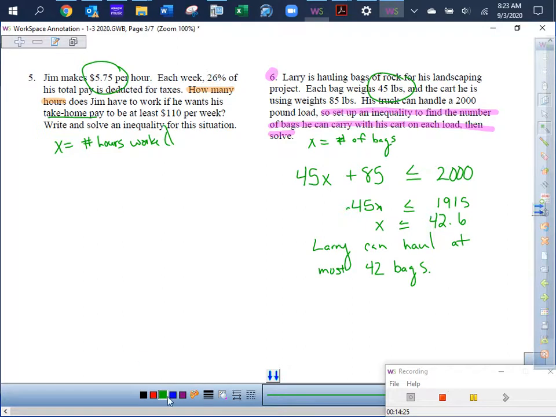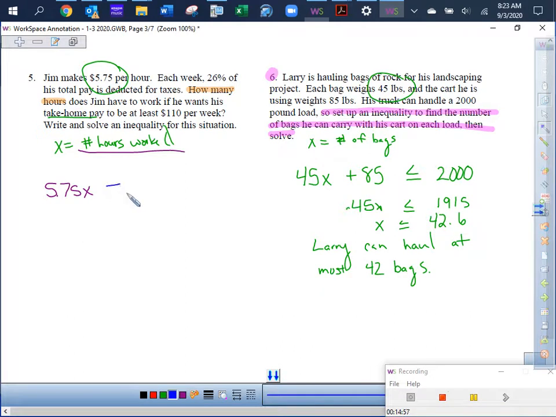But here it is. Jim's getting paid $5.75 per hour, and X stands for the number of hours. How could I just write that down? $5.75 per hour. Multiply them, right? But he's not getting all of that money. So we have to take some of it away.